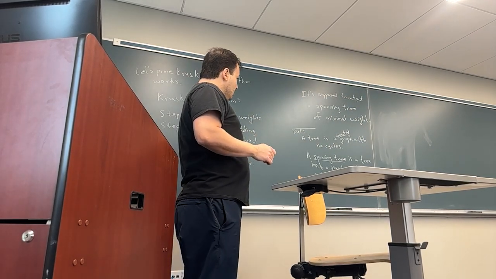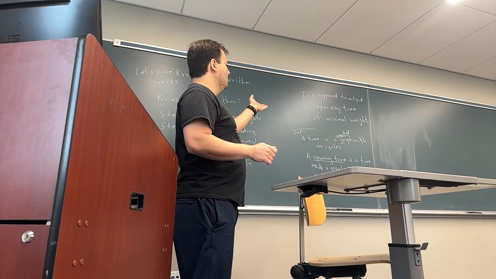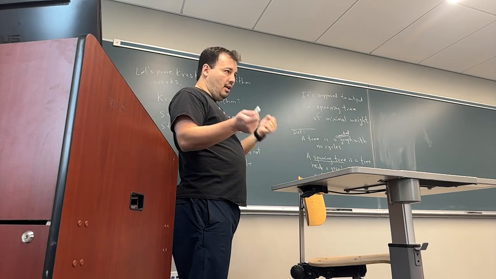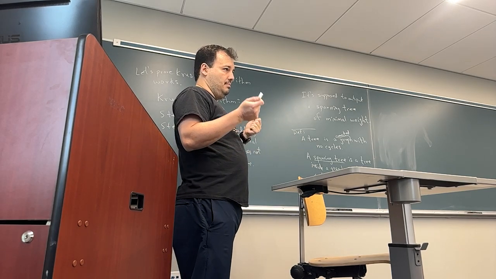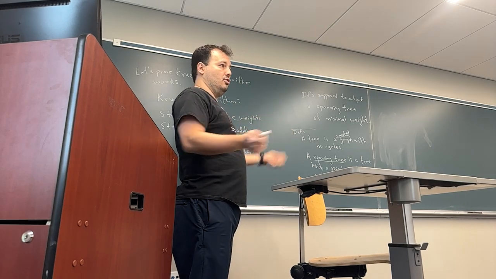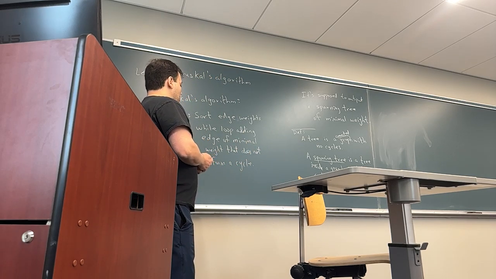Okay. And the spanning tree of minimal weight is not necessarily unique. So if you have two edges that measure the same, sometimes you can make a switch in your tree and still have a minimal weight spanning tree.